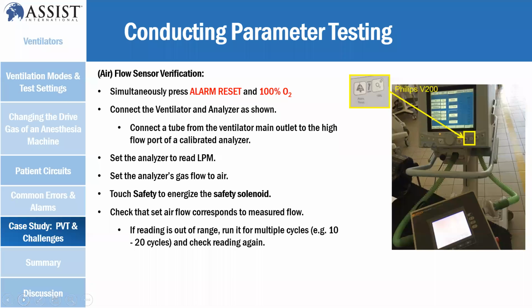So if your reading is out of range, for example, you are delivering 50 liter per minute and your reading is out of range in 10 to 20 cycle, then you need to go for a different procedure. You need to verify it first by putting a flow, like for example 30 liter per minute, and you see on your analyzer whether it is inside that particular range or not.